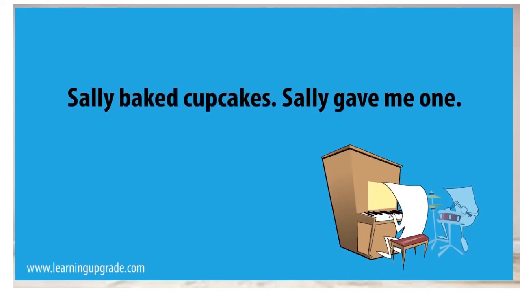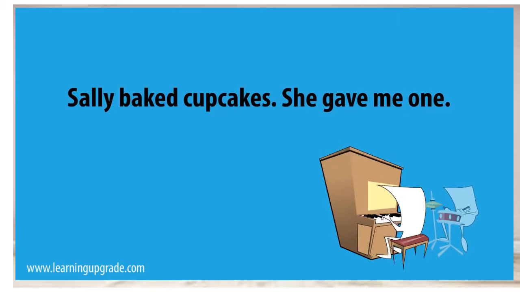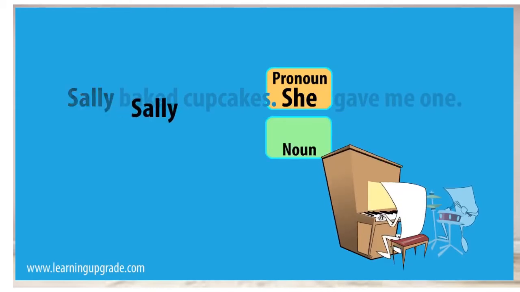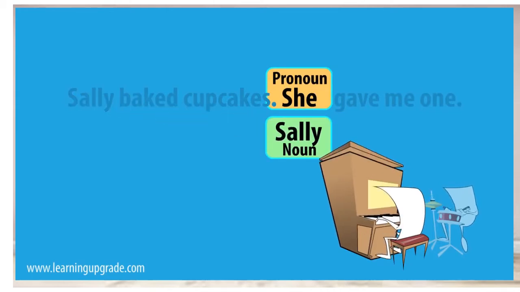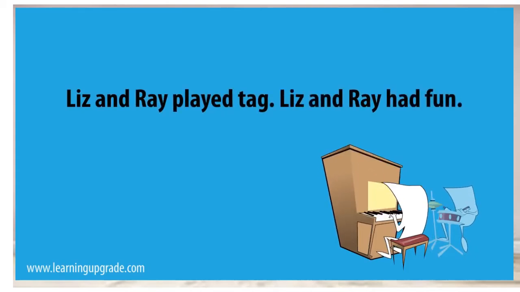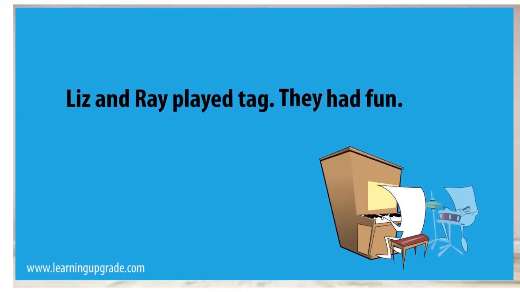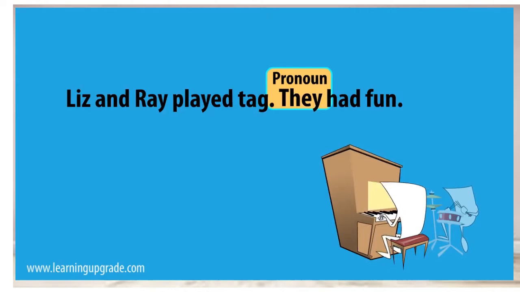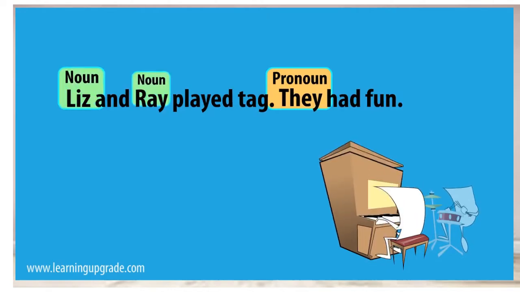Sally baked cupcakes, she gave me one. The pronoun she takes the place of the noun Sally. Liz and Ray play tag. Liz and Ray had fun. Liz and Ray play tag. They had fun. The pronoun they takes the place of the nouns Liz and Ray.